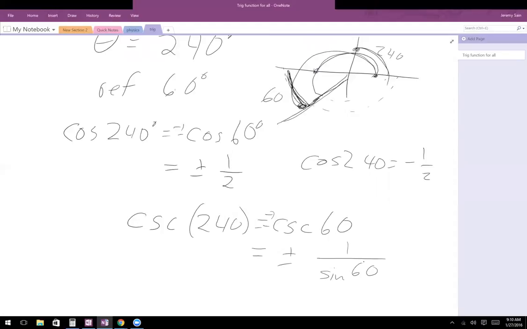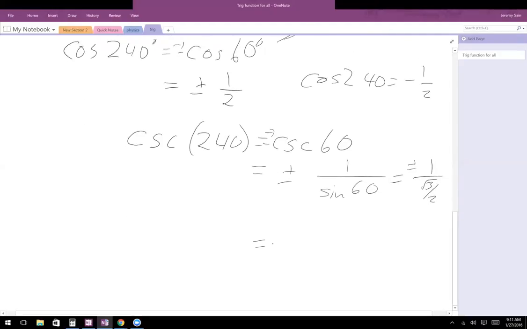It's not half. That's actually really close, but no. It's the square root of 3/4, which is root 3 over 2. So this is 1 over root 3 over 2. So it would be plus or minus 2 over square root of 3. Or if you wanted to get rid of the square root in the denominator, you could go 2 square root of 3 over 3 if you like that better.